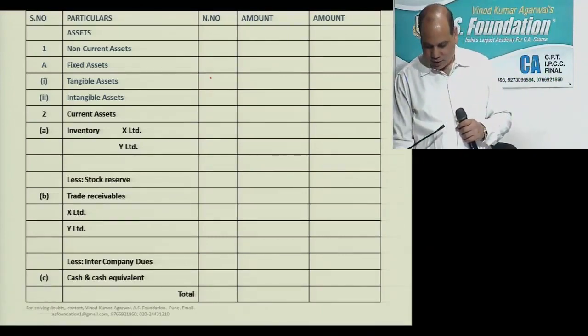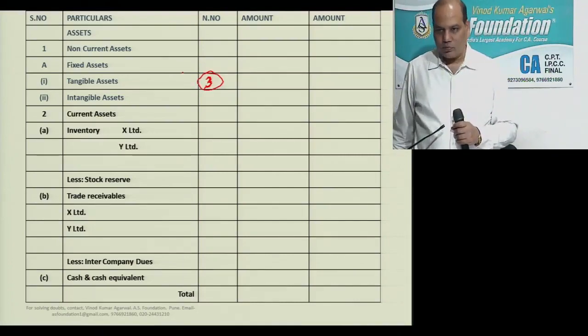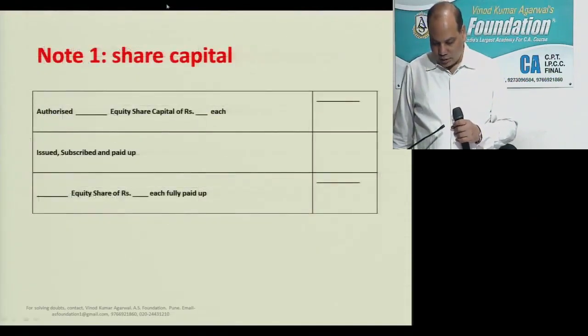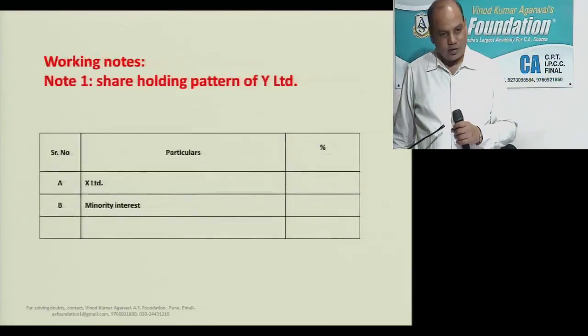Then only 5 working notes. Tangible asset, note number 3. If you have more than one tangible asset, note number 3. Now those who have done, share capital 5 lines blank, reserve and surplus 5 or 6 lines blank, tangible asset 10 lines blank, 3 into 3, 9 plus 1 total.